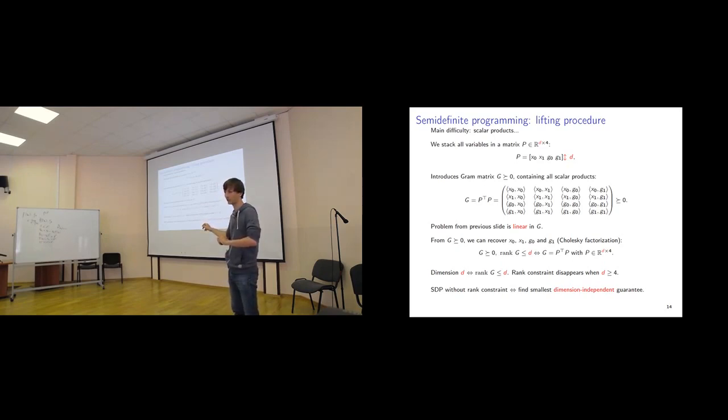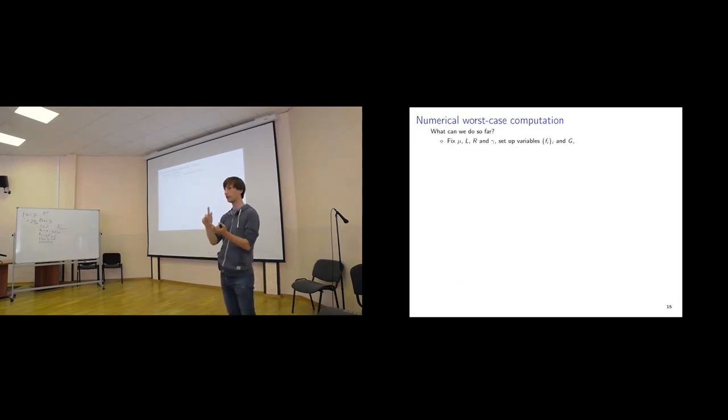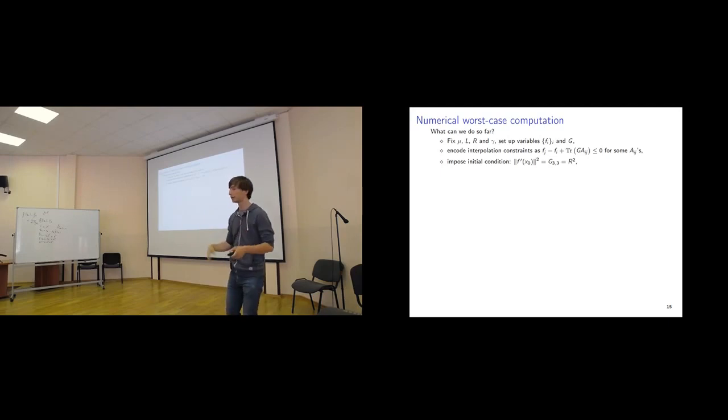Okay, questions? I will go through examples if you have the impression I lost some people. So what can we do? Essentially, you give me the parameters of the problem: the strong convexity, the smoothness constant, the value of the initial condition and the step size. I can take care of setting this up, which is technical semi-definite programming stuff, and put it into whatever solver.